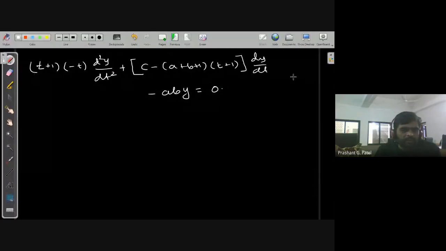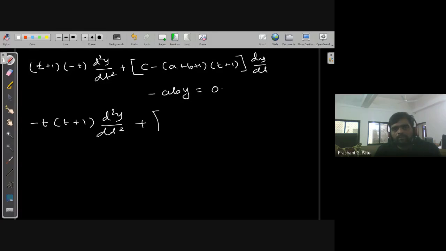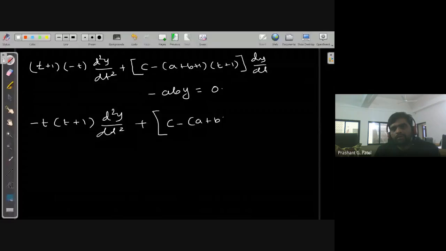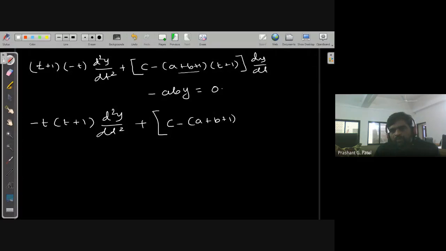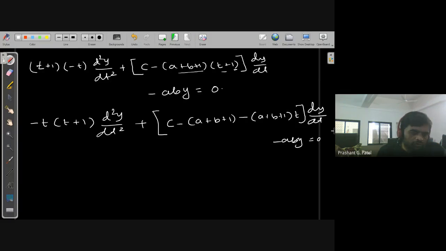Now this expression can be rewritten in this form: minus t into t plus 1 d square y by dt square plus c minus a plus b plus 1, because this a plus b plus 1 will multiply to t and to 1. So that's why it is c minus a plus b plus 1 t dy by dt minus aby equal to 0. So this is what we got.